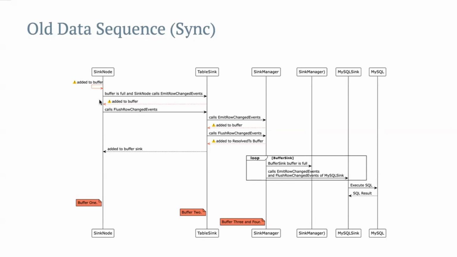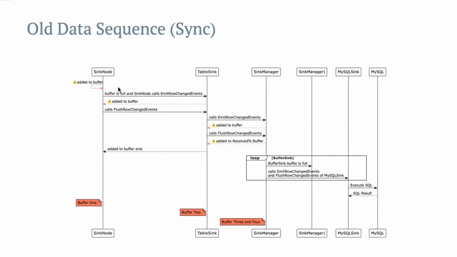Once the sync node receives a signal from the previous node, it calls the table sync to flush the row change events. Here I want to explain what kind of signal can advance the whole process, or let the table sync write the data to the downstream.